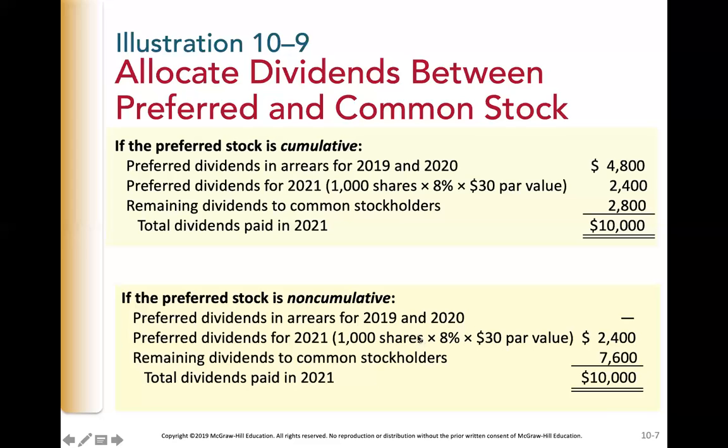We're only going to pay for the current year, $2,400. So of the $10,000 dividends that we're paying out, a much larger portion is going to common stockholders. So make sure when you're working the problems, you're reading whether the preferred stock dividends are cumulative or non-cumulative, and understand the difference between those two transactions.